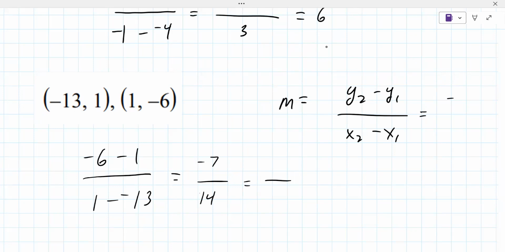Well, if it was 14 over 7, it would be -2. They both are divisible by 7, so it's -1 over 2. Does that make sense?